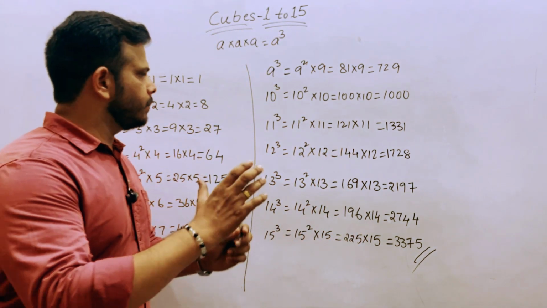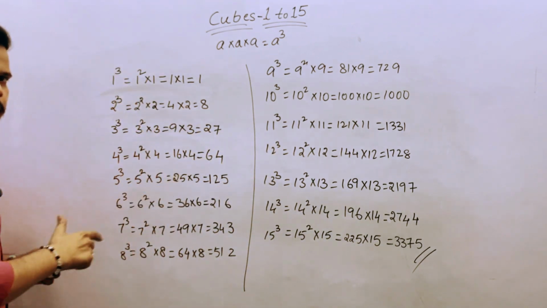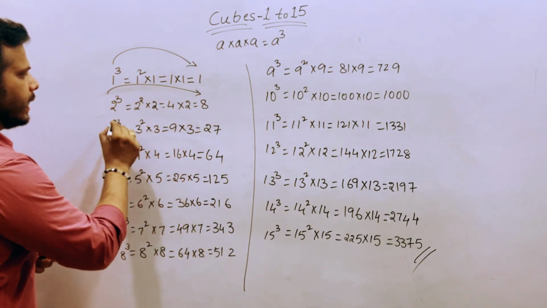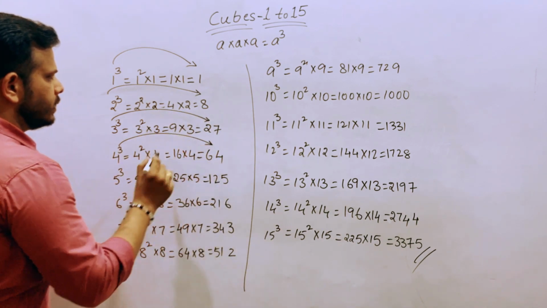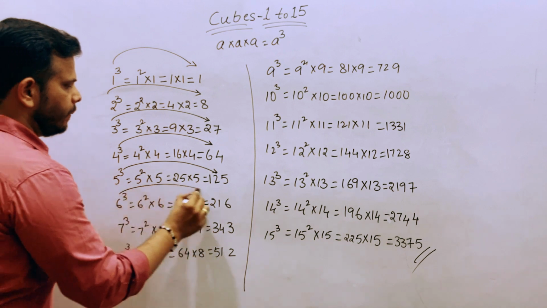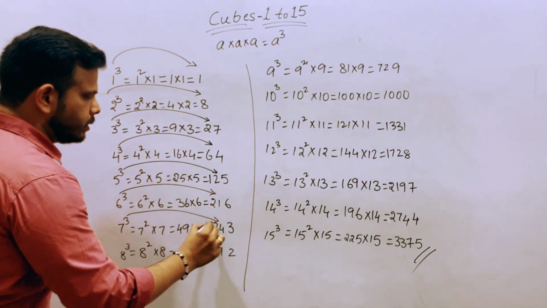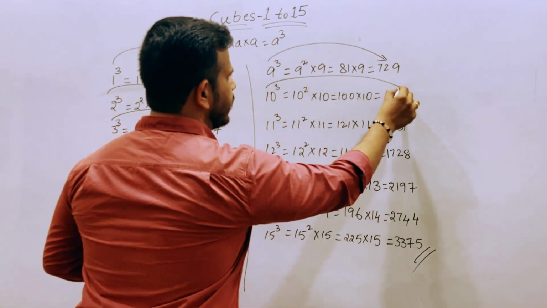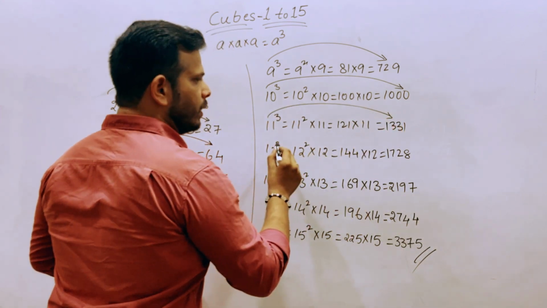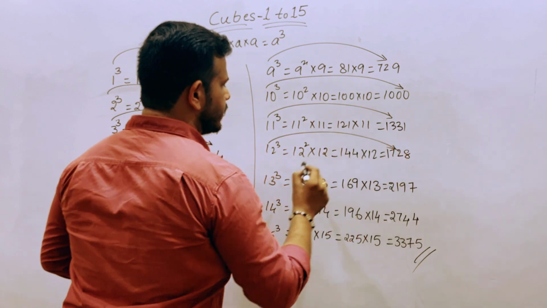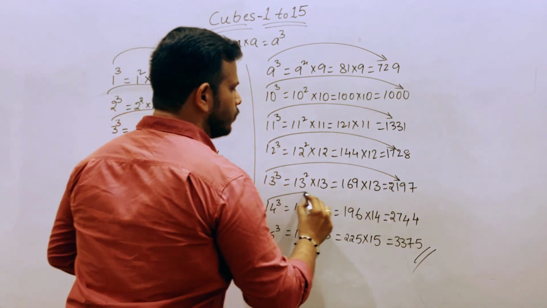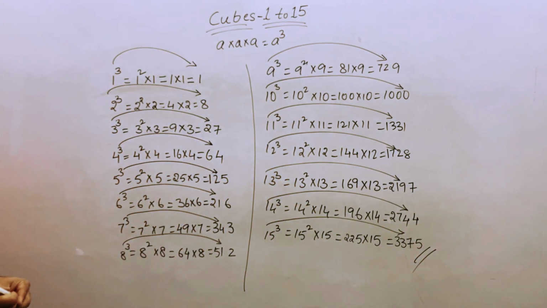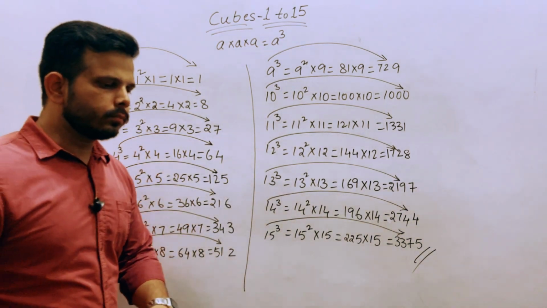Just I want to reiterate, I want to repeat it once. 1 cube is 1, please say along with me. 2 cube is 8, 3 cube is 27, 4 cube is 64, 5 cube is 125, 6 cube is 216, 7 cube is 343, 8 cube is 512, 9 cube is 729, 10 cube is 1000, 11 cube is 1331, 12 cube is 1728, 13 cube is 2197, 14 cube is 2744, 15 cube is 3375.